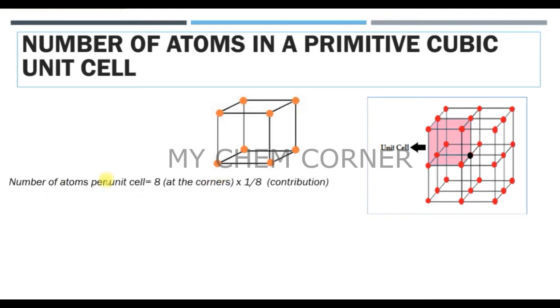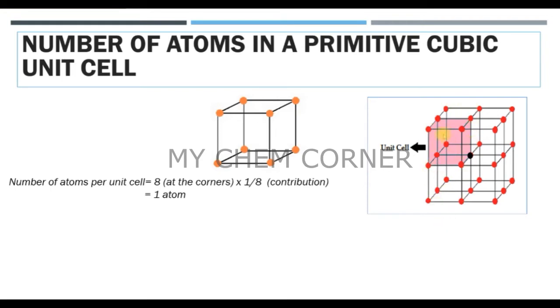So here the number of atoms per unit cell is equal to 8 at the corner. So I'm taking one particular primitive unit cell. How many spheres or atoms are there? 8. But what is its contribution to others? If I take the same sphere over here, the pink one, and consider it as the sphere for which I'm going to find the contribution, this pink sphere is shared with the one behind, the one below, and the one in front of it.